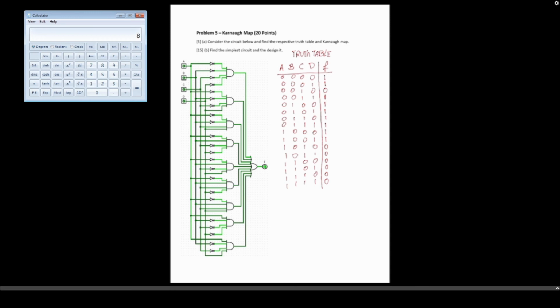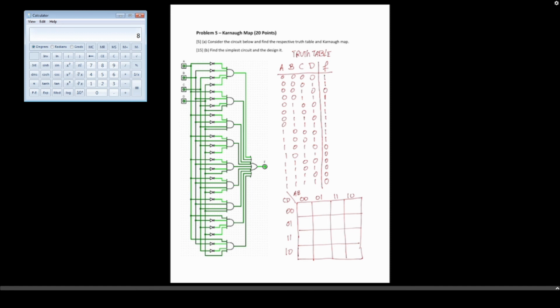Alright, wonderful. And let's design the K-map. For the K-map, we have 4 variables, and I'm going to put AB over here, C and D, 0 0, 0 1, 1 1, 1 0, the Gray code, changing one bit at a time.